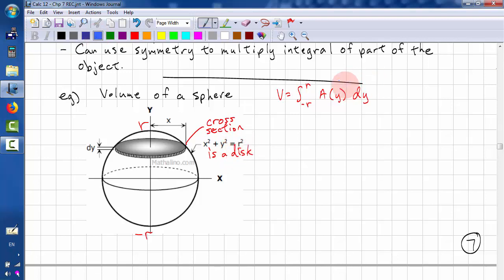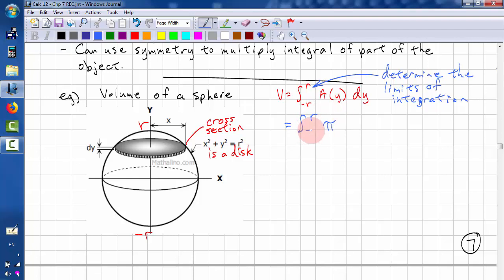And we need to determine the limits of integration. I'm going to do this again: the integral from negative r to r.